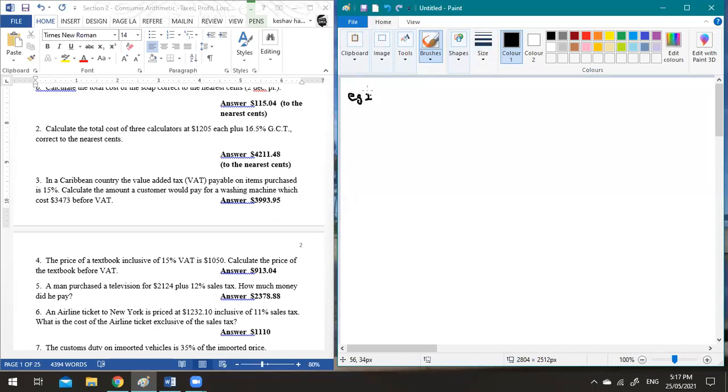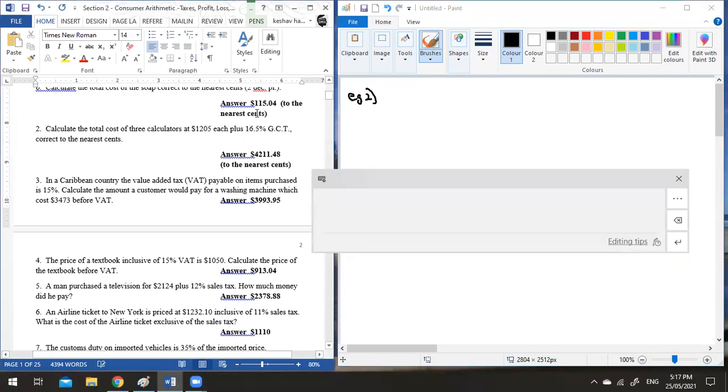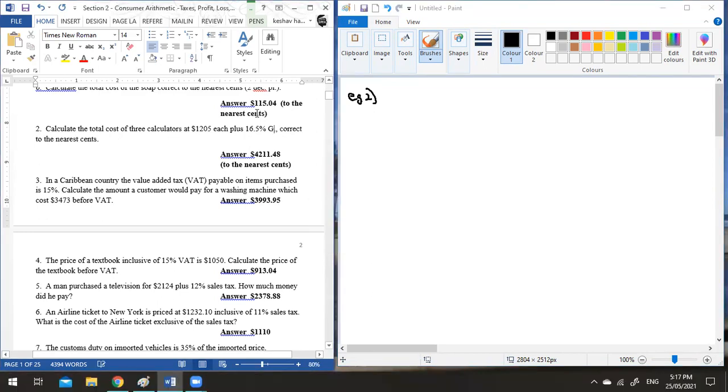So example 2, calculate the total cost of 3 calculators at $1,205 each. I believe it's missing a decimal place there, but alright, at 16% tax. So we use VAT.